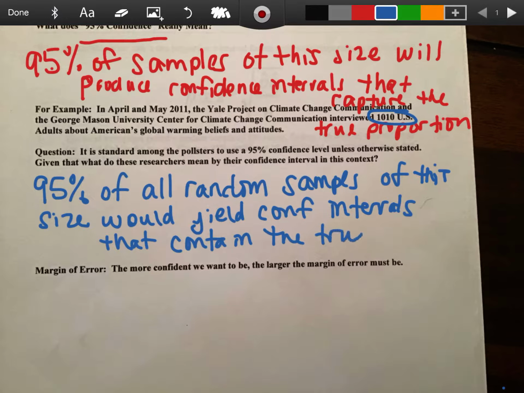The real answer. The percentage of people who really have these thoughts on global warming.